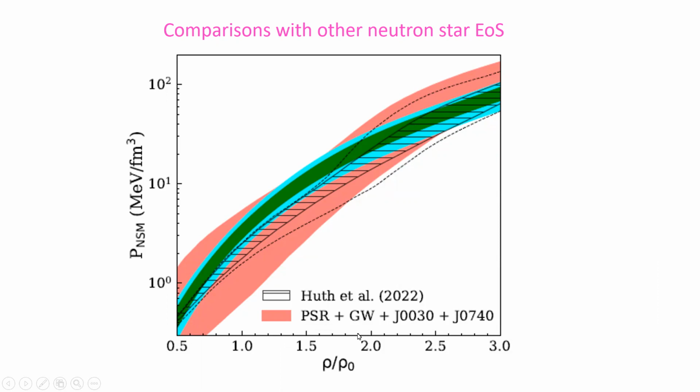The main difference between theirs and ours is that at low density they use chiral effective field theory, so that's why at the low density part they're lower than ours. But in our case we just use experiment, we didn't use any ab initio theory, and the broad band is from using only astrophysics. Then you can see that ours, as well as Hu's, have a narrower range of the equation of state.